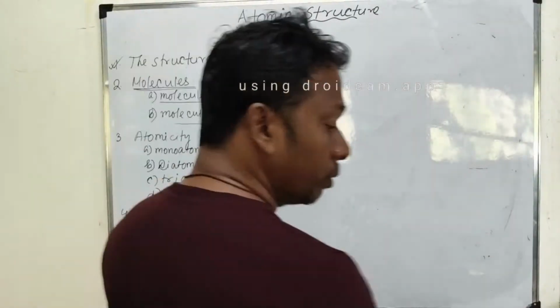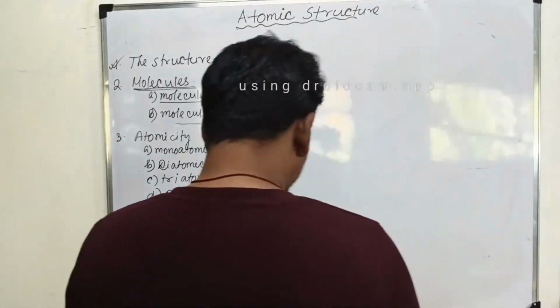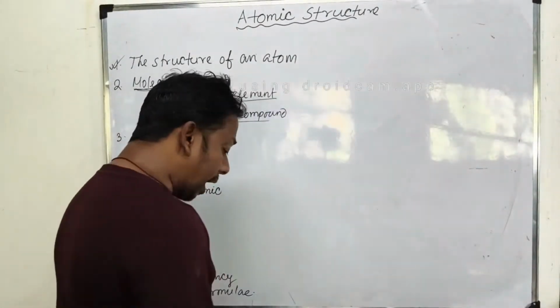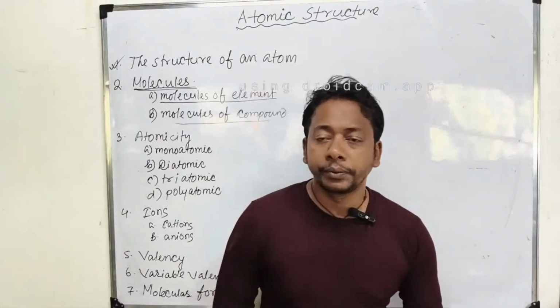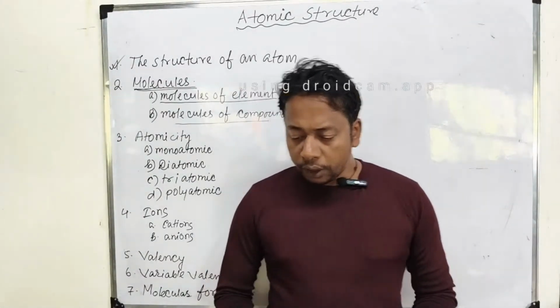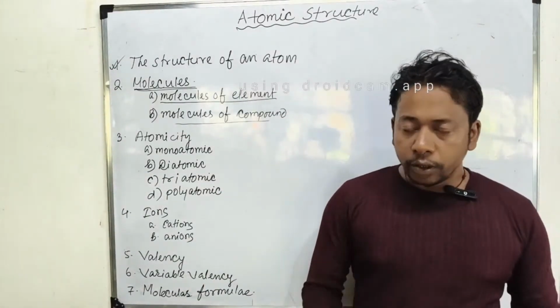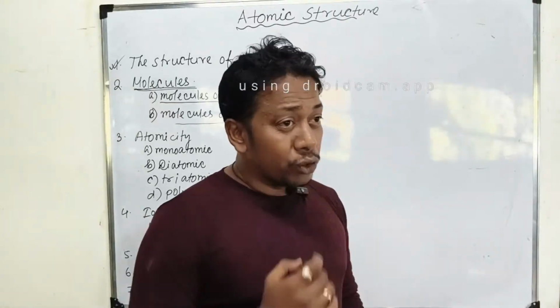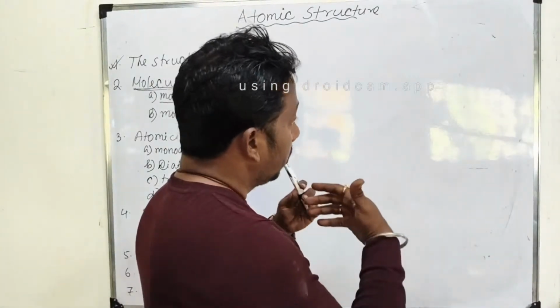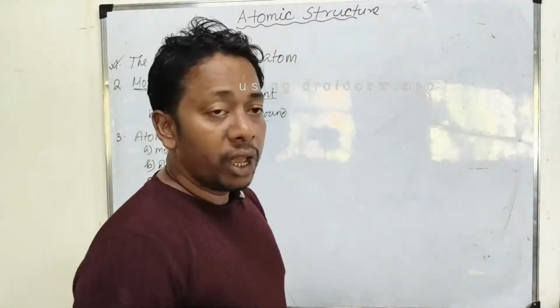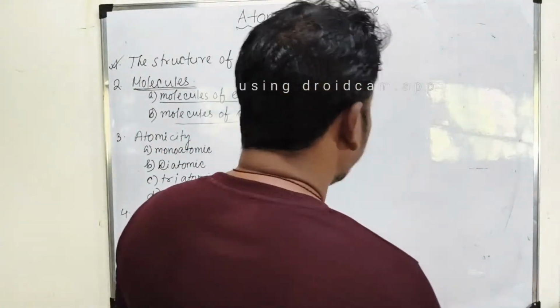Now I am giving you something to think about: how many particles are in an atom? In the beginning, I said an atom can contain electrons, protons, and neutrons. So how many neutrons, how many electrons, and how many protons are in an atom, and how will I find that out?